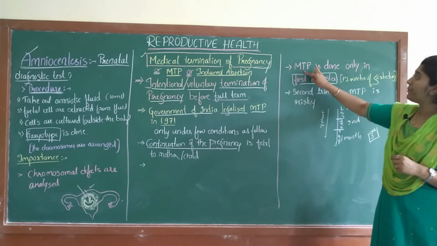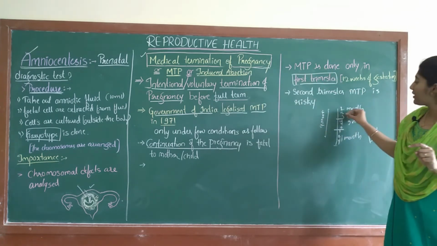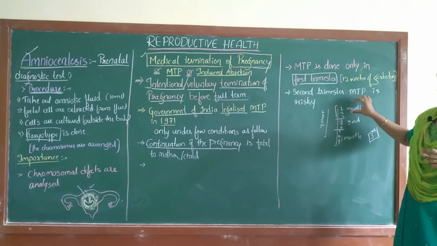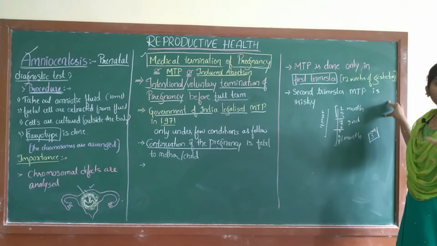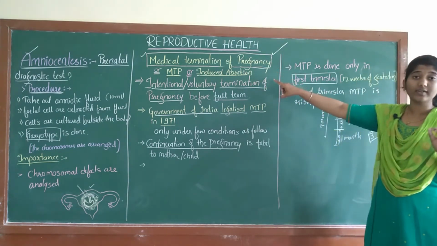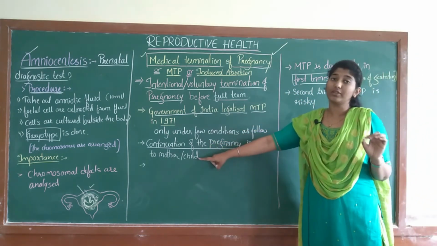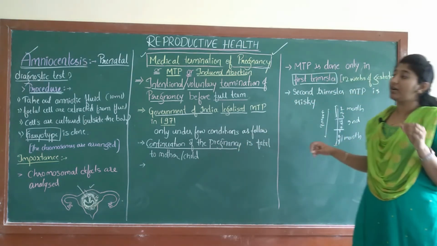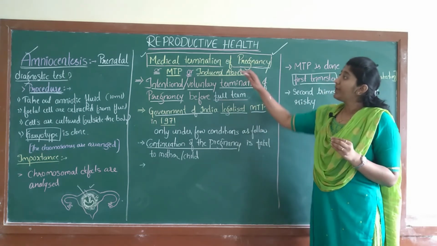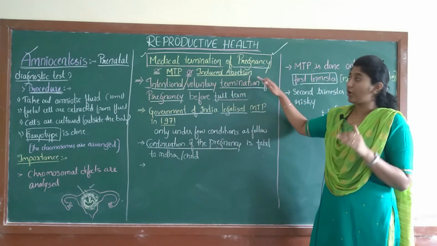So MTP is done in the first trimester, in the initial stage of the gestation period, and only under some conditions: when the continuation of the pregnancy is dangerous to the mother or the fetus, and if the fetus has any chromosomal defect, then also the doctors suggest going for medical termination of the pregnancy to abort the child.